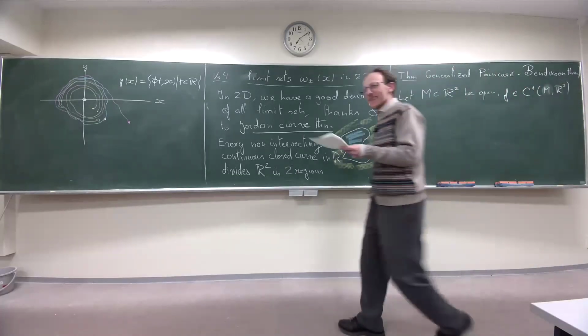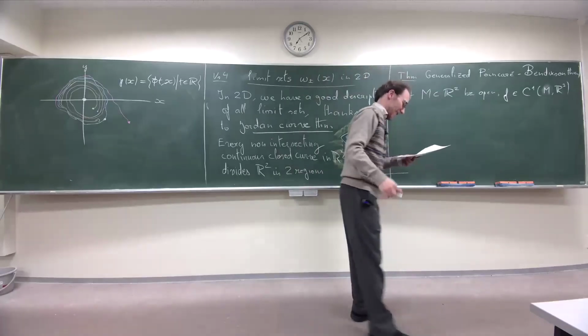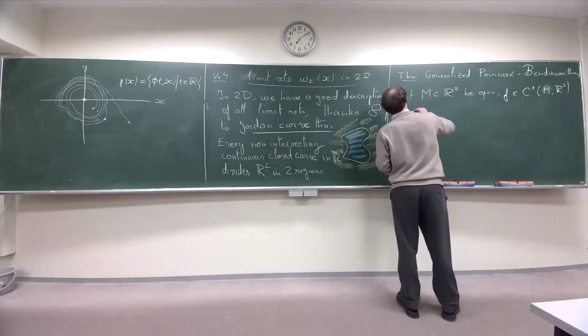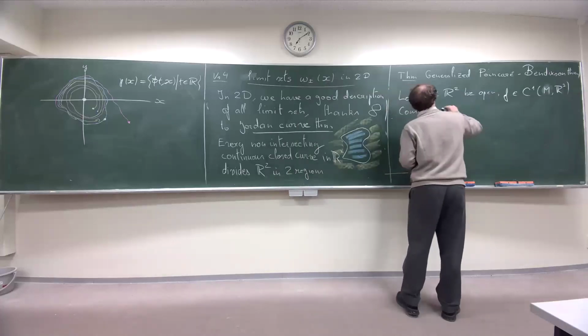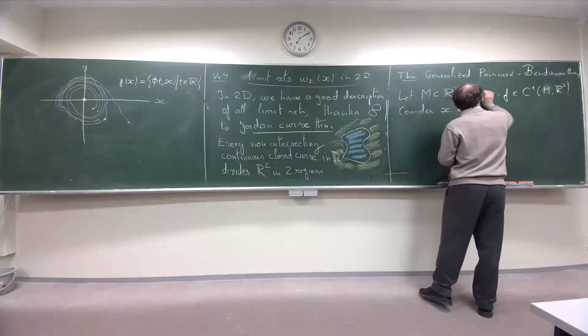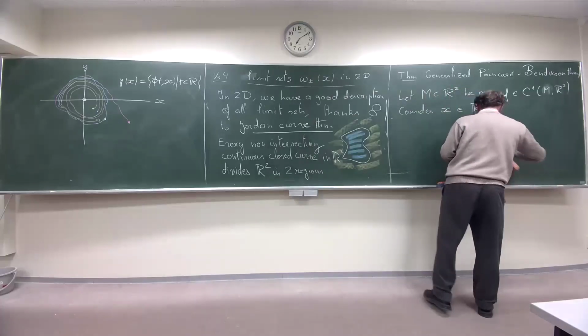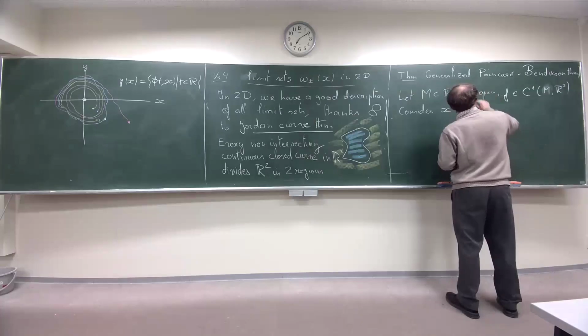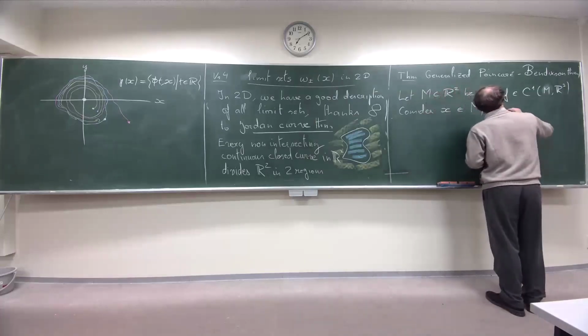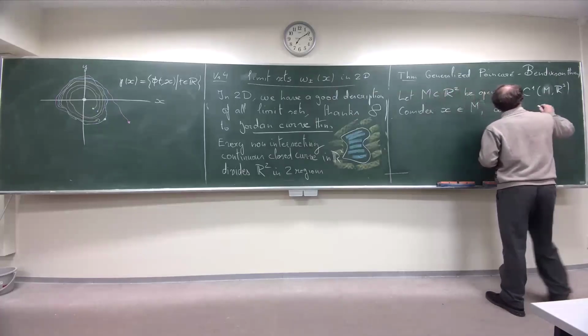So we are in this setting, and I consider a point X in R2, in fact in M, otherwise it wouldn't be well defined. I consider a point in M, and I assume that its orbit, gamma.